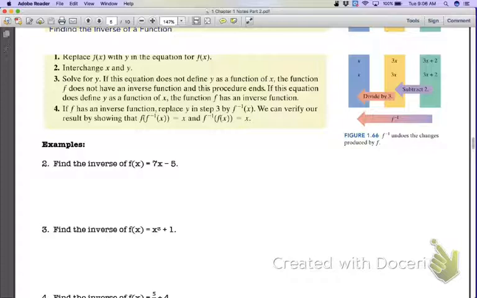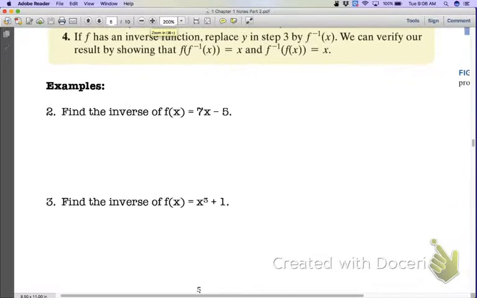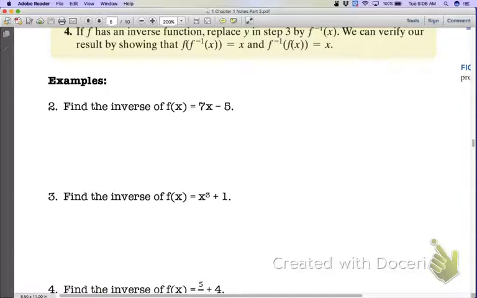So whenever we find the inverse, if it's f of x equals 7x minus 5, first off, it's going to be y equals 7x minus 5. So we just changed the f of x to a y.